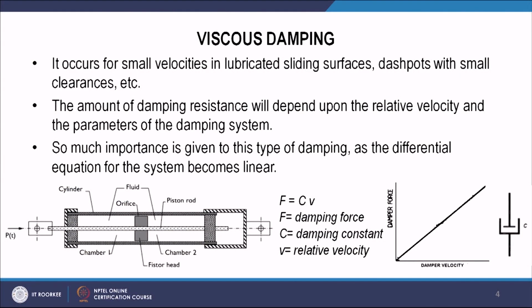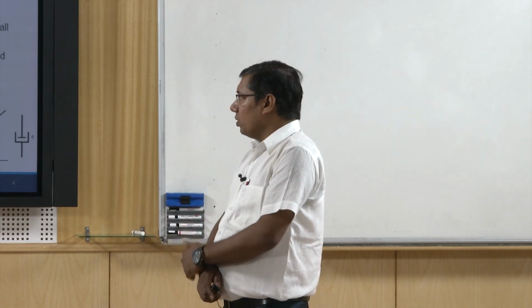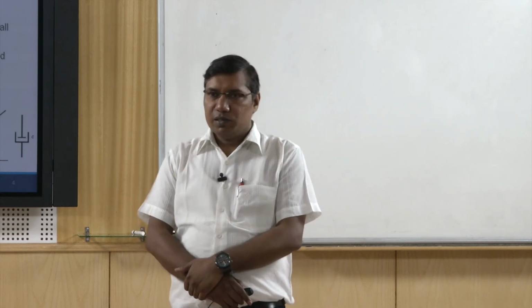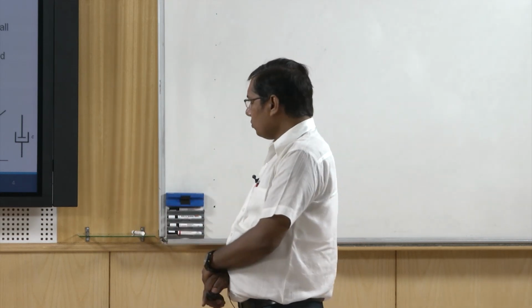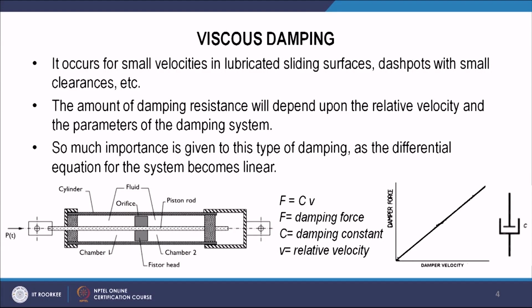That is why this damping is more important. Several times we use an equivalent viscous damping for the other types of damping, just for this reason. We represent this damping C with this symbol.